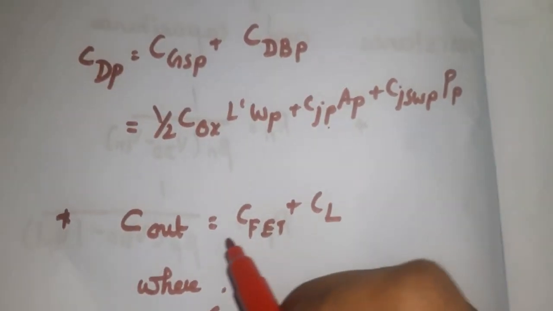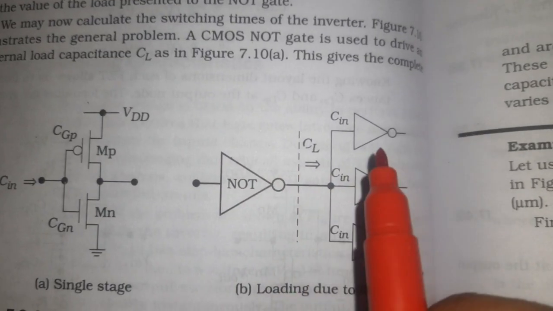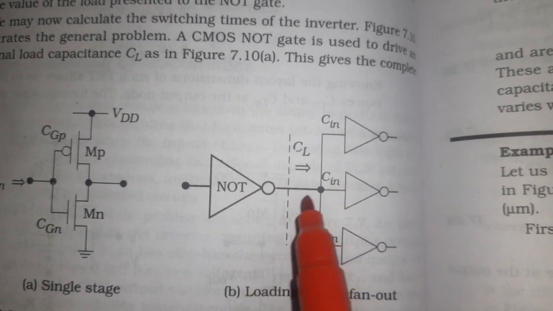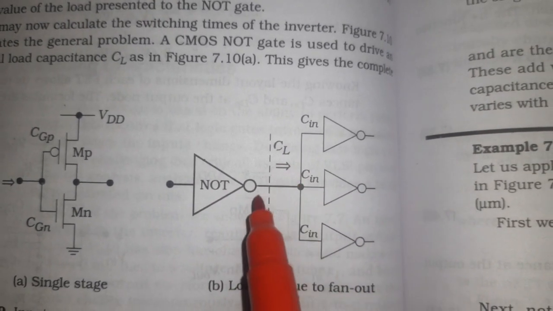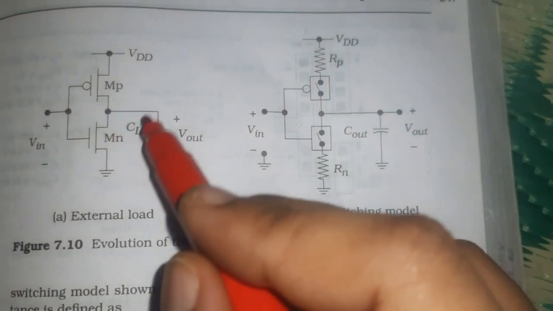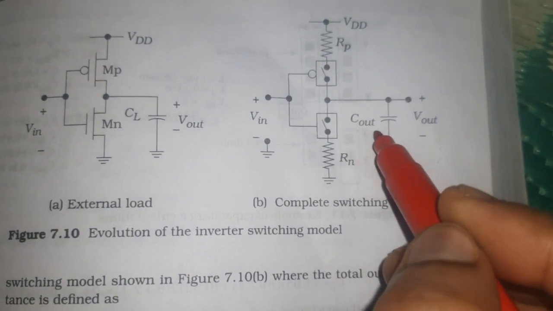Now considering the driving capacity of this inverter, that is the fan out of this inverter, we include the CL also. We get the equivalent circuit including CL, and we get C out.